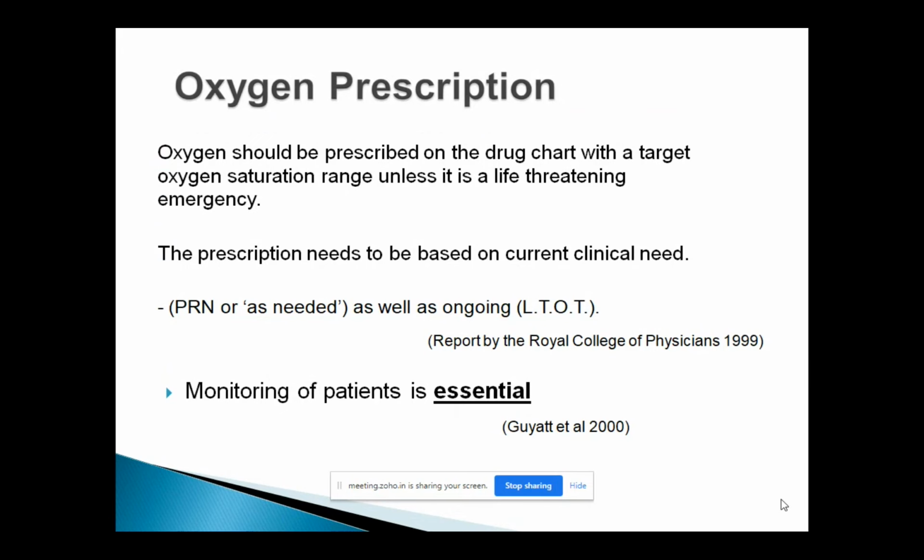So they may have to go from 5 to 10 liters to see what oxygen saturation the patient can achieve. If the patient is achieving 98% oxygen, I'm saying an example here, just by 3 liters oxygen by a nasal cannula, then that is more than adequate. No need to give 10 liters. So it's important to understand the clinical need of the patient and what the patient's diagnosis is.